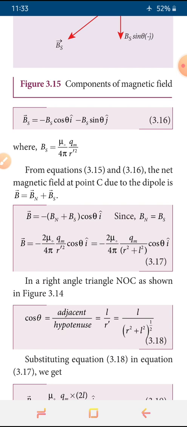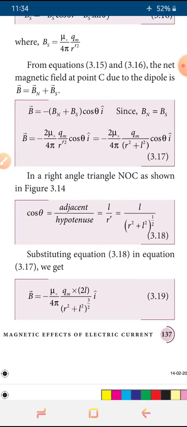The adjacent is the length from O to N, or O to S; here it is O to N. So we can write L divided by R dash. Then we substitute R dash from figure 3.14: L divided by R square plus L square, whole power 1 by 2. Clear? Then we substitute this cos theta, equation number 3.18, in equation number 3.17.